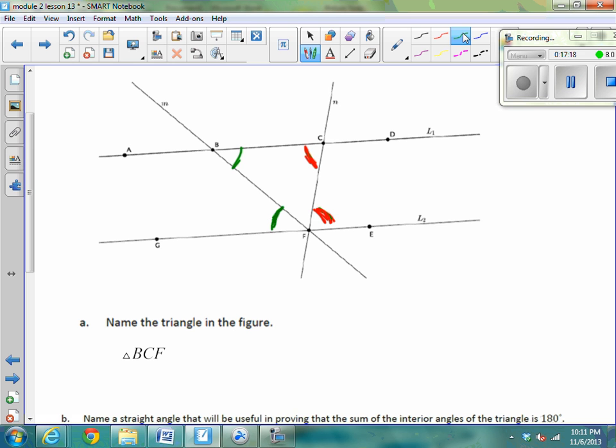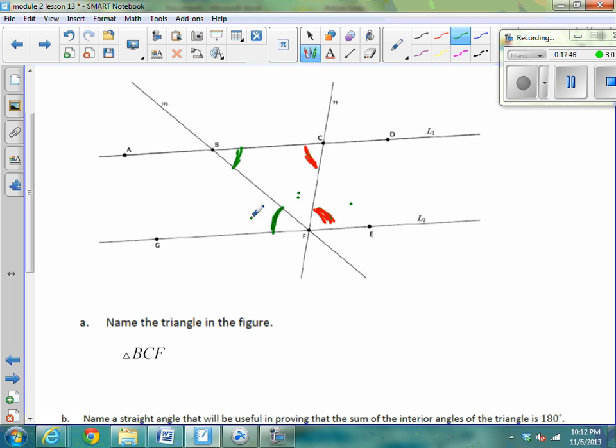These two angles here are alternate interior angles if you use transversal M and lines L1 and L2. So in both cases, we've got alternate interior angles. And we know that all three of these have to add to 180. We know these three do add to 180. This one, this one, this one, and this one.